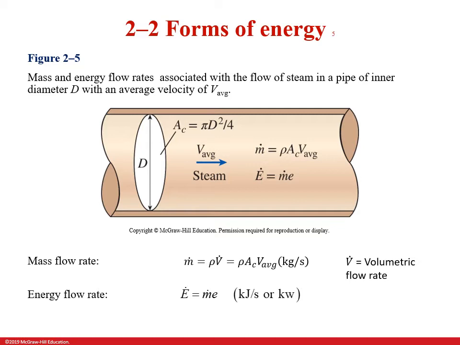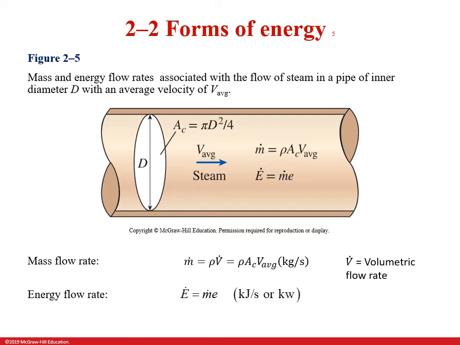So here you have meters per second, here you have meters squared, here you have meters per second. So this is going to give you cubic meters per second. So volumetric flow rate can be rewritten as average velocity times the area.